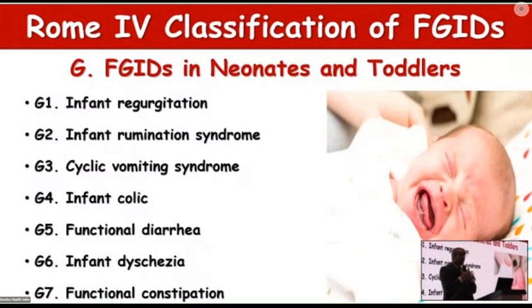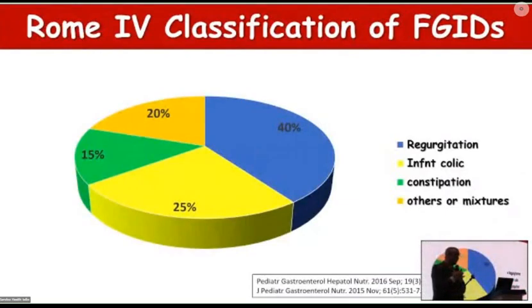In neonates and toddlers, there are 7 categories: infant regurgitation, infant rumination syndrome, cyclic vomiting, infant colic, functional diarrhea, functional dyschezia, and functional constipation. 40% are infant regurgitation, 25% infant colic, and 15% functional constipation.